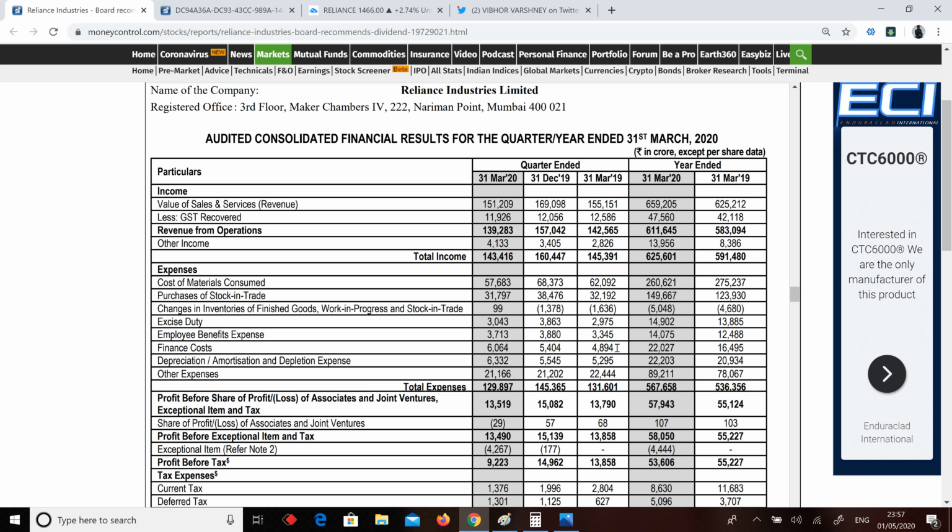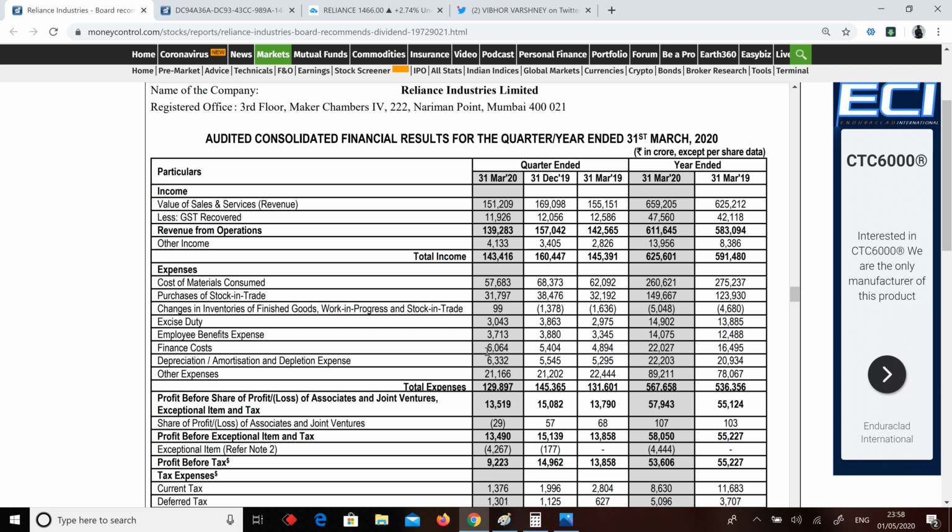If you analyze it, you will find the finance cost is increasing: 4894, then it rose to 5400 crores and then to 6000, quarter by quarter. Reliance is already working on it through a major rights issue, raising money from shareholders, the Facebook Jio deal, the Aramco deal, etc.